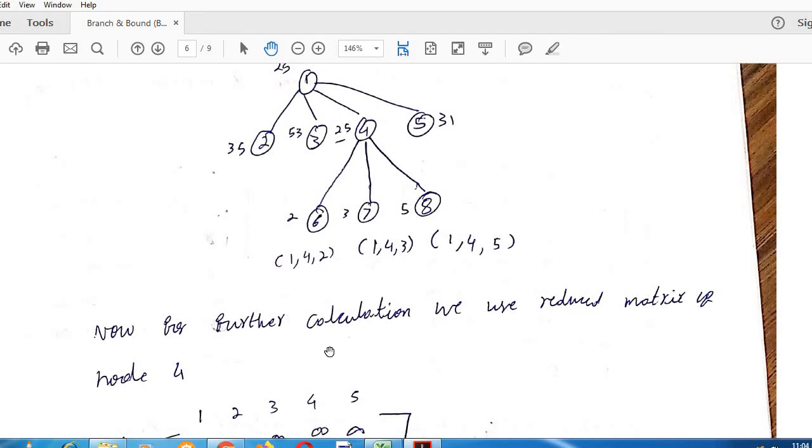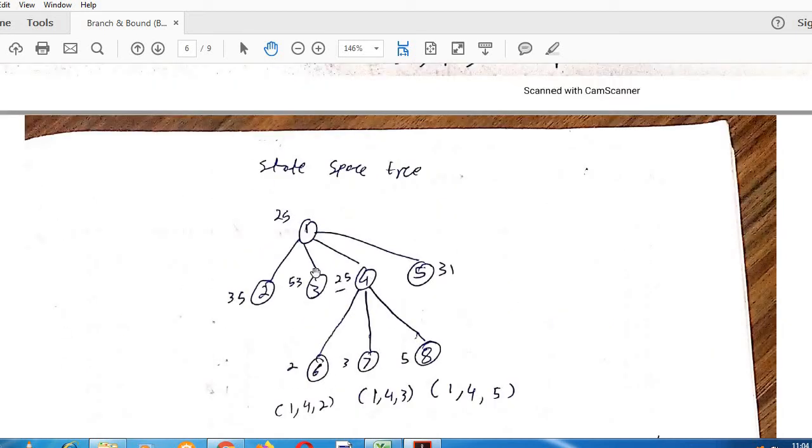Previously we took node 1's row minimization and column minimization applied matrix as the reduced matrix.